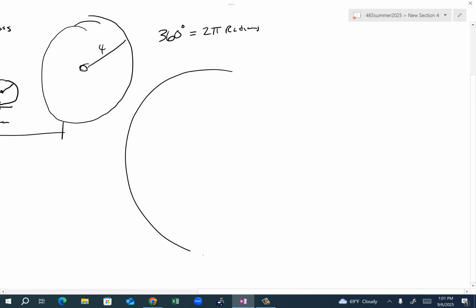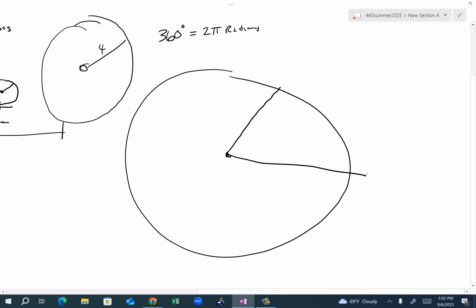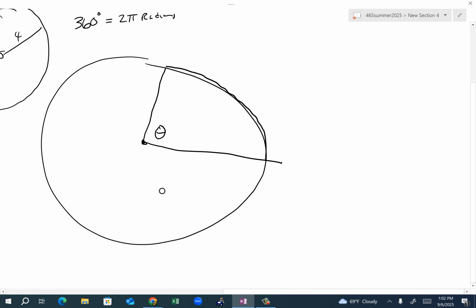Okay, and so I know you guys talked about this a little bit in pre-cal, and probably algebra 2 as well. But when you think about this, right here is my angle theta. And what is it? Well, it is 1/4 of the entire circumference, yes?